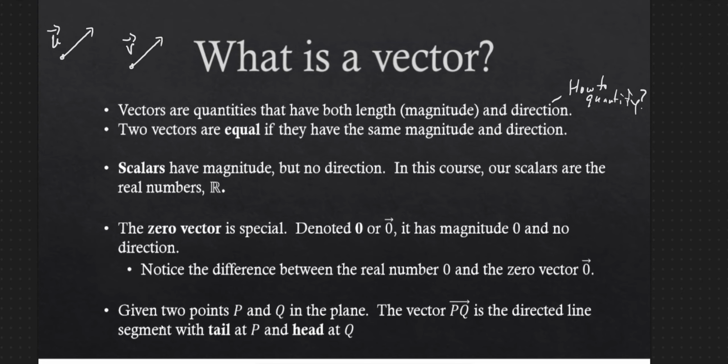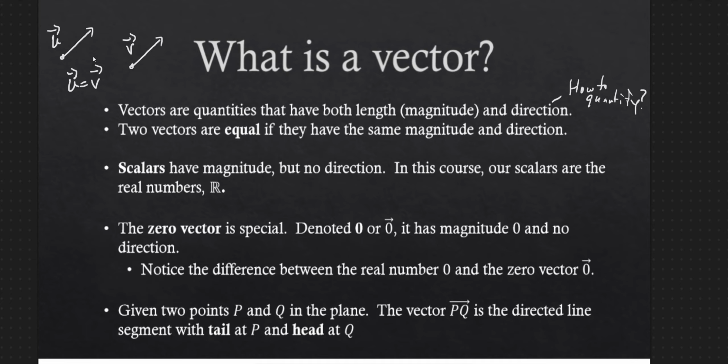They may be in different places in the plane. It doesn't matter. These 2 vectors are the same. They have the same direction and they have the same magnitude. These 2 vectors are exactly the same. This is what I mean when I say a vector has direction and magnitude, but that is all it has. Those are the only 2 things that are kept track by these arrows. I don't care about where they are in the plane, just what their direction and magnitude are. These 2 things are the same.